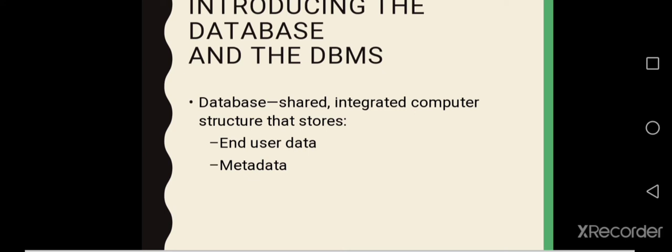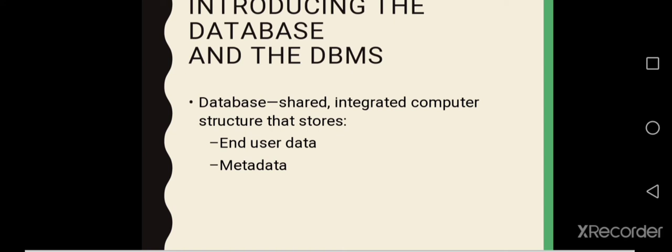Introducing the database and the DBMS. When we say DBMS, we're referring to the database management system. A database is a collection of data which is related by some aspect.